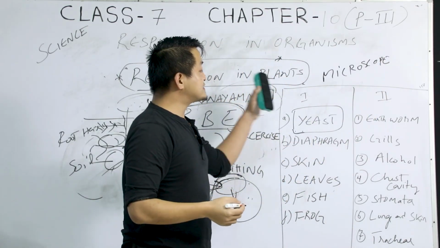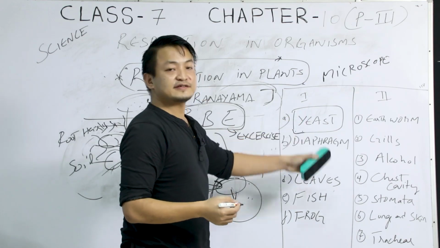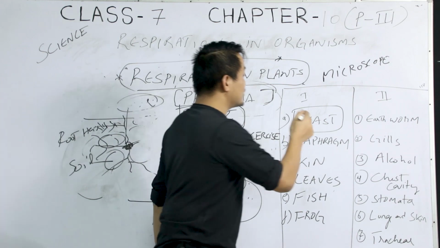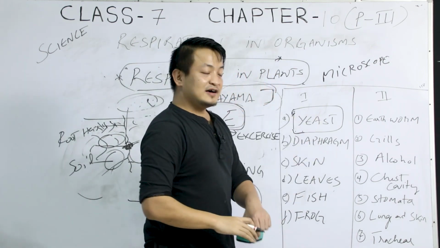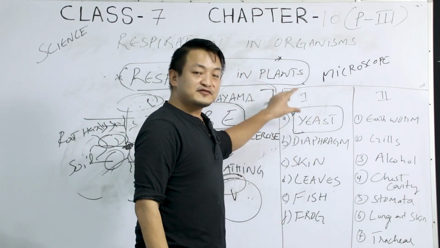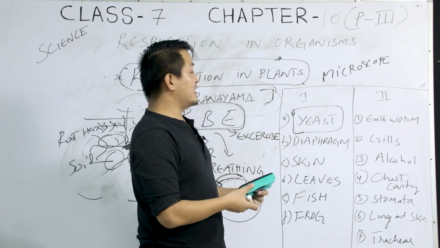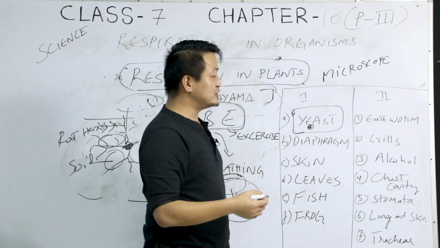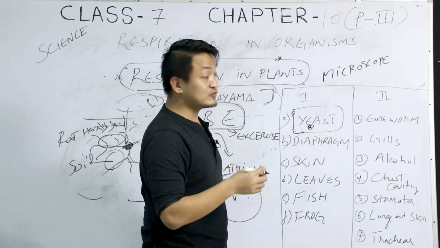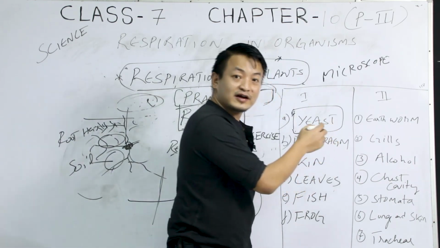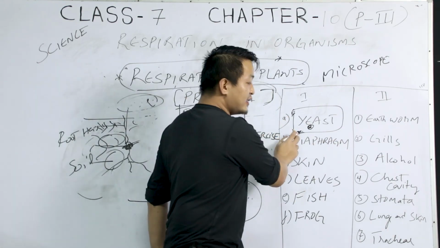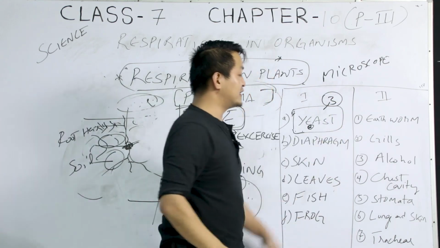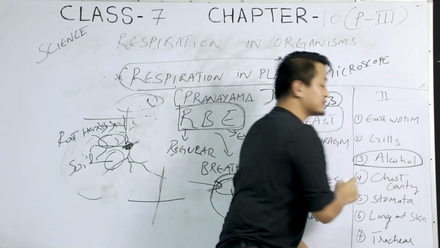And yeast is a single-cell organism. It can survive without oxygen, and without oxygen the food breaks down into alcohol. So for A, you will choose the third one, that is alcohol.